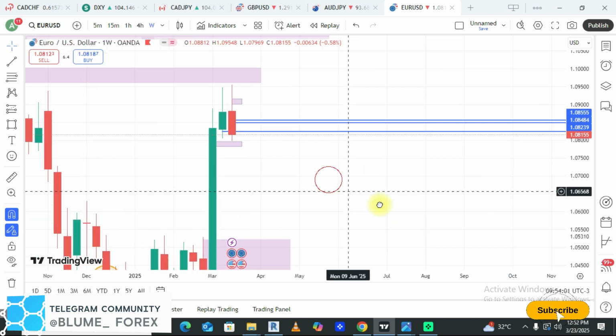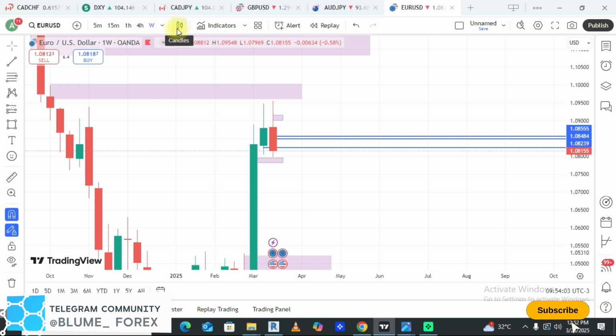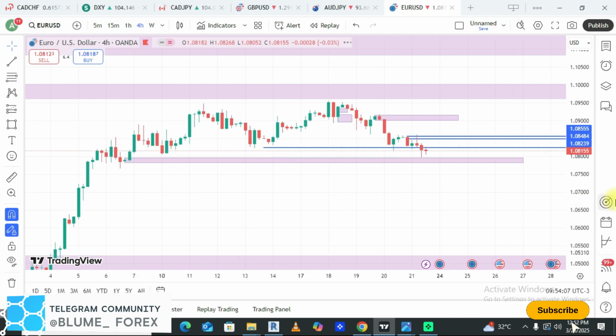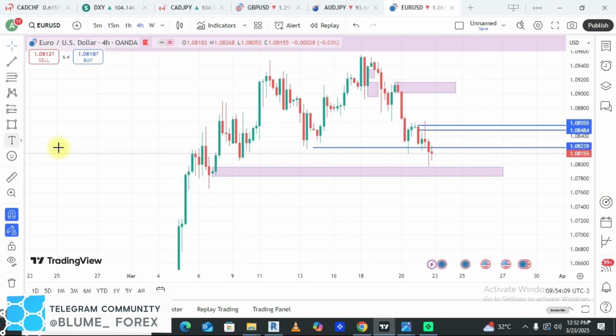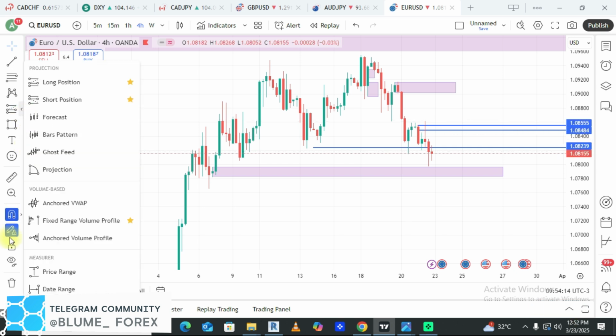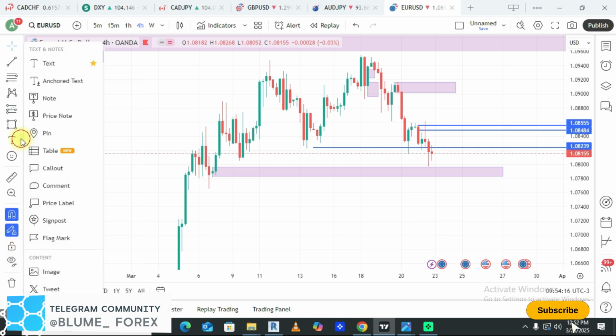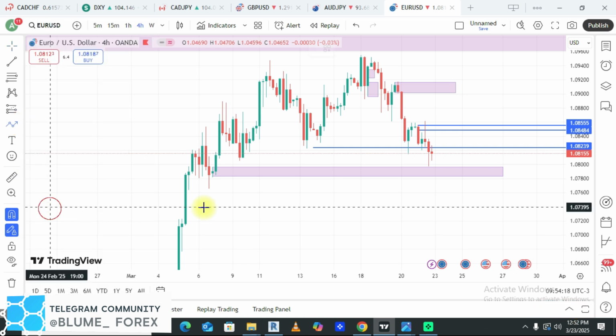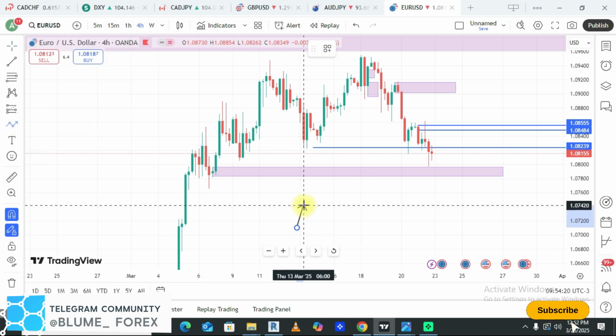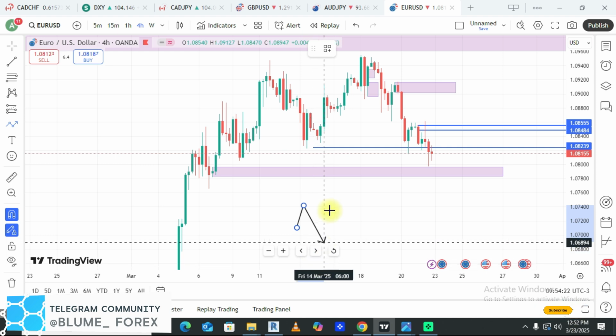So same on EURUSD, I'm expecting initial bullishness to the upside, right? So since we've had a breakout on the DXY, we are going to have a further push a bit, and then we exhaust and correct down.